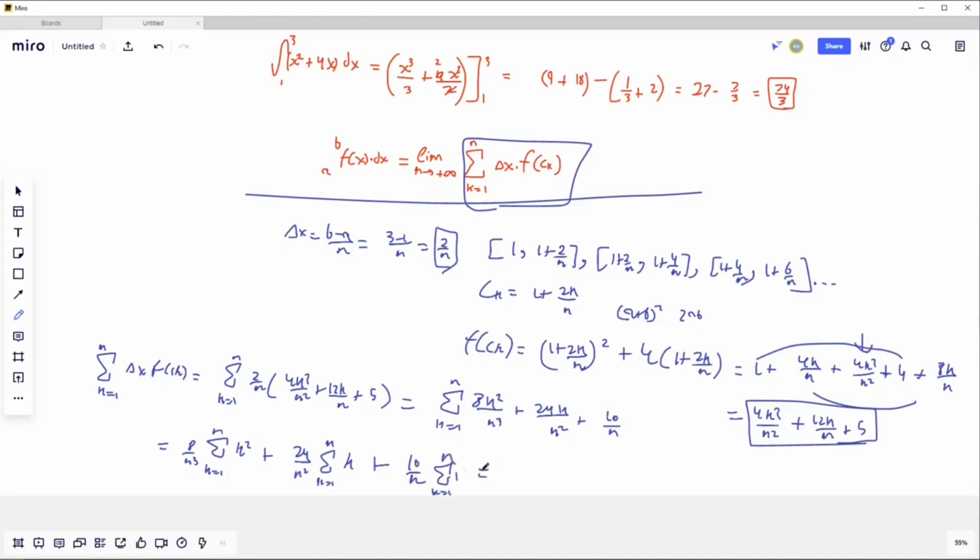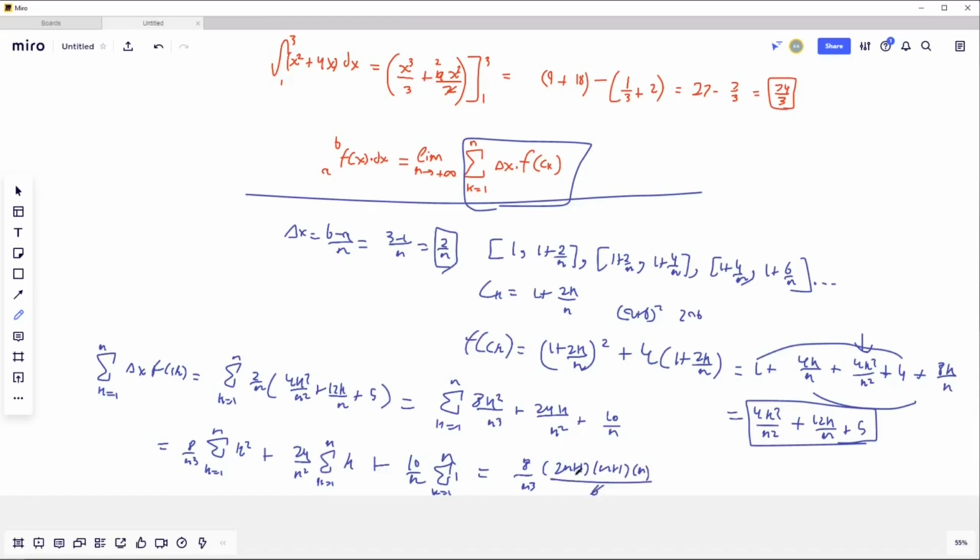For this one, you'll end up with 8 over n cubed, and with the square you end up doing 2n plus 1 into n plus 1 into n over 6.